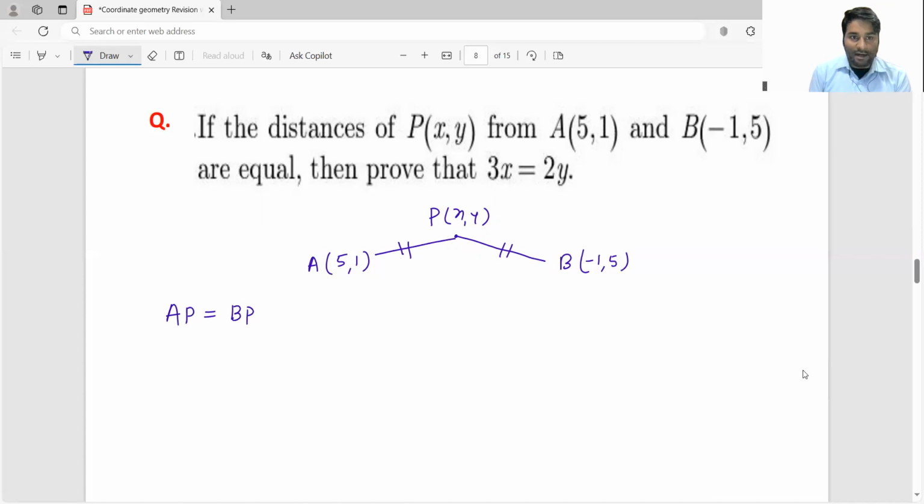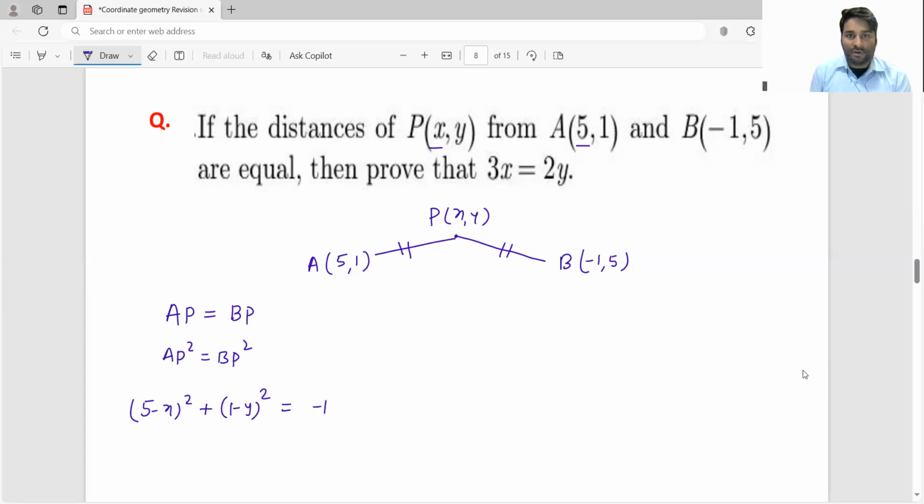Now squaring both sides, you'll get AP square is equal to BP square. What is AP? It is (5 minus x) whole square, or you can also write (x minus 5) whole square, and then (1 minus y) whole square, which is equal to BP.